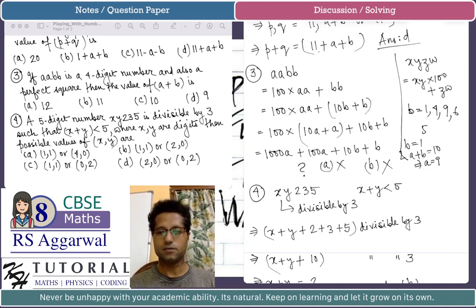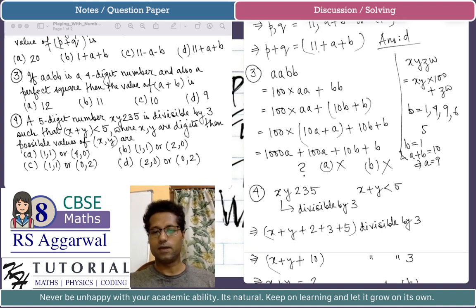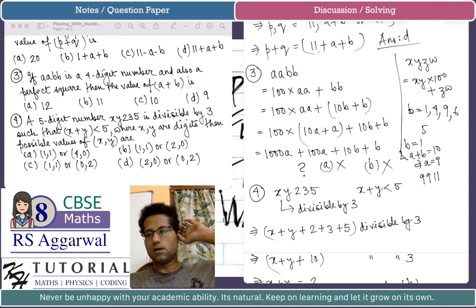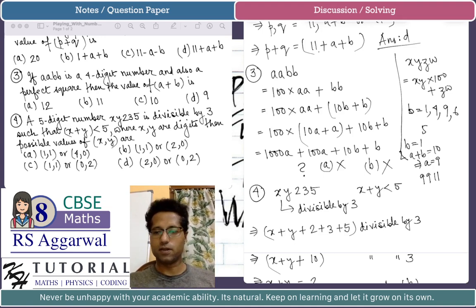In that case, we are having A plus B equals 10. Now we need to see whether, if A equals 9 and B equals 1, the number 9911 is a perfect square or not.